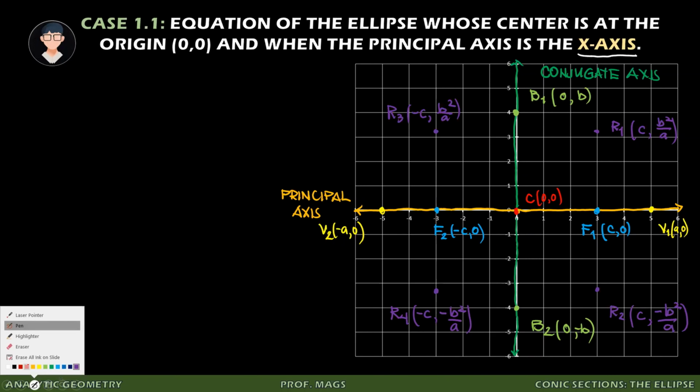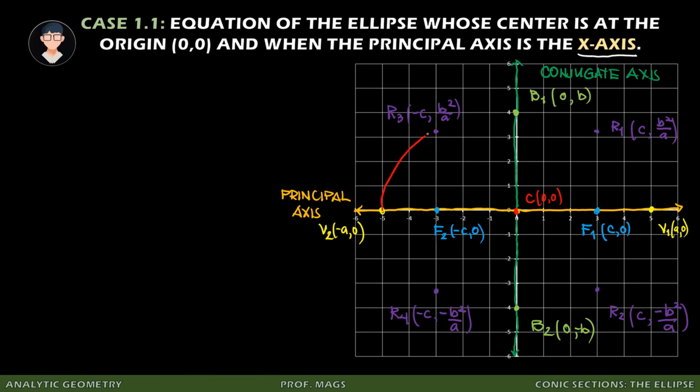So we can now connect these points here. From b sub 2 to r sub 3, then r sub 3 to b sub 1.